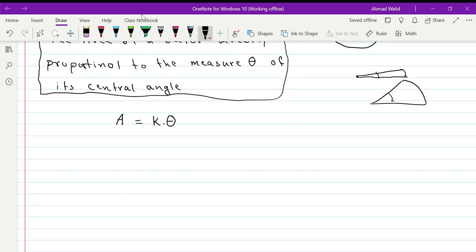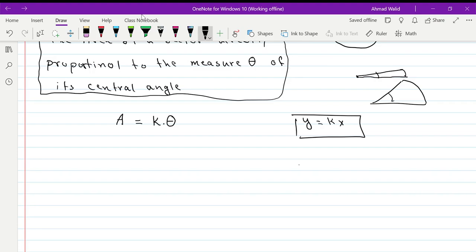If I remember, y equals kx was your direct variation formula in algebra. The area of a sector is directly proportional to the measure of the central angle, correct? That English language is easy to write in mathematical form: A equals K times theta, correct?